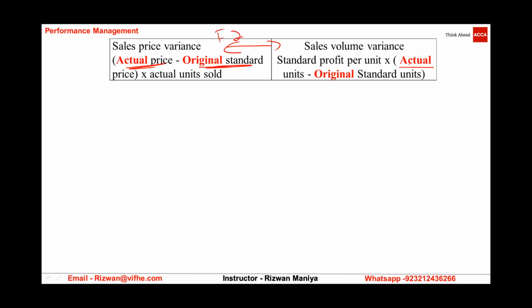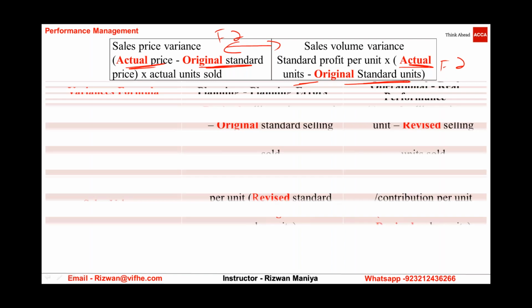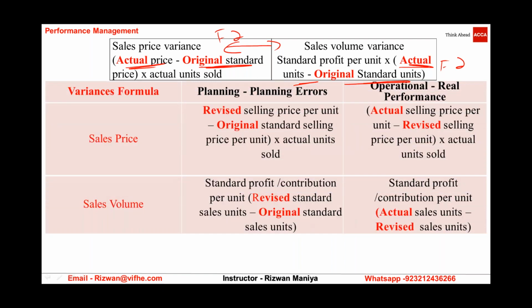Volume: actual sales units minus original standard sales units. If there is a mistake in price setting, the price variance will be broken down into planning price and operational price. If there is a mistake in volume, volume will be broken down into planning volume and operational volume.